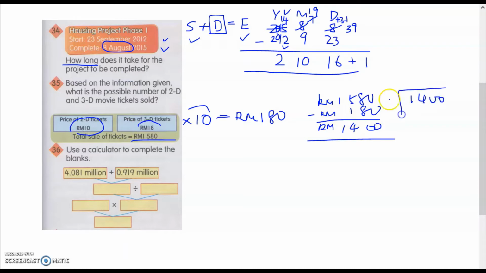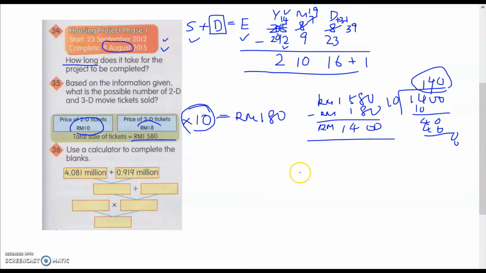So 1,400 divided by 10 ringgit, you get 140 2D tickets. So the first answer I would write is 10 3D tickets and 140 2D tickets. And then there are many other answers. Okay, you can buy 20 3D tickets, 122 2D tickets, as long as your addition is correct.